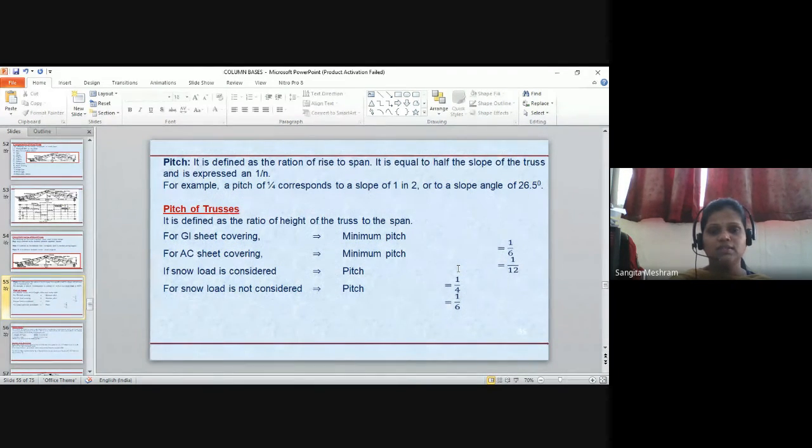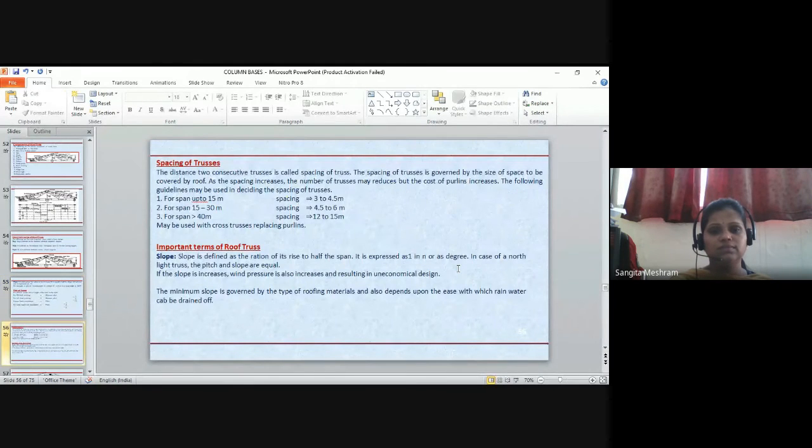Some clauses are given. Then spacing, it is according to span. If span is up to 15 meter, the spacing is 3 to 4.5 meter. Spacing of trusses, the distance between two consecutive trusses, is nothing but called spacing of trusses, and it depends upon the span. For 15 to 38, the spacing is between 4.5 to 6.